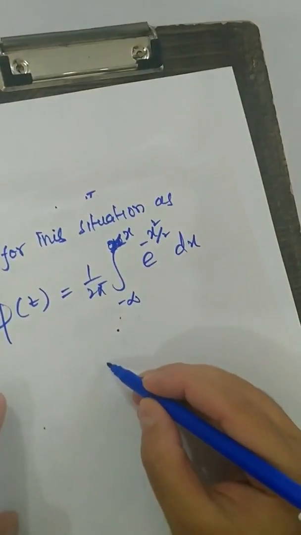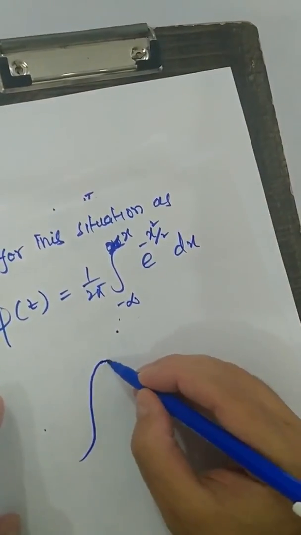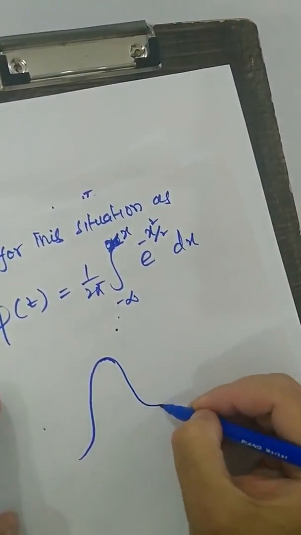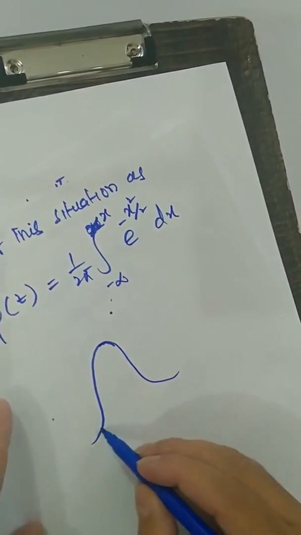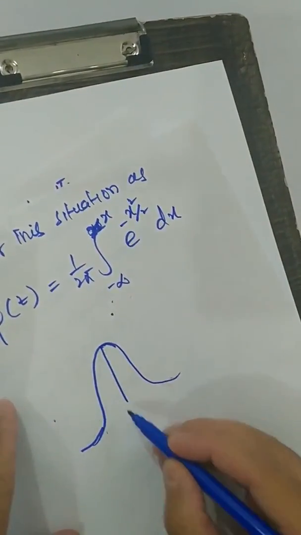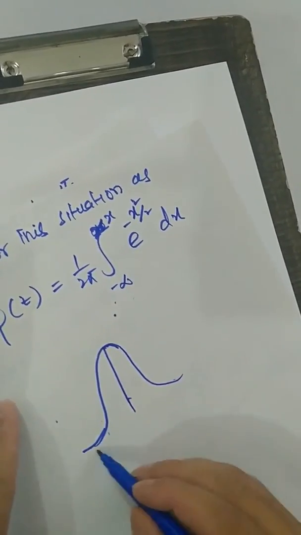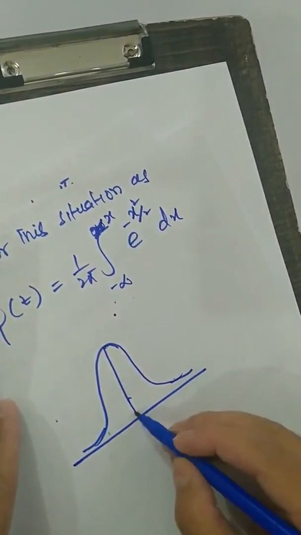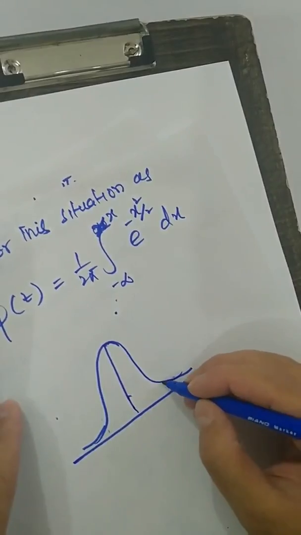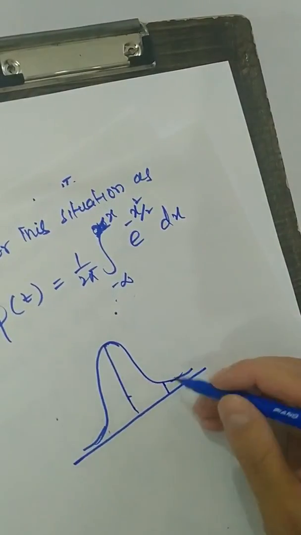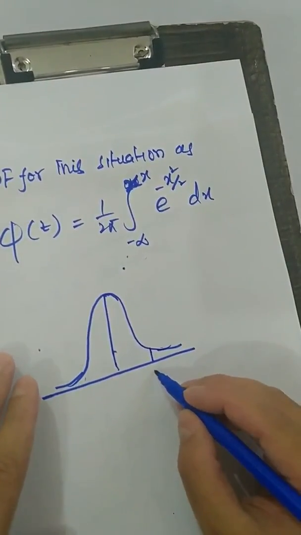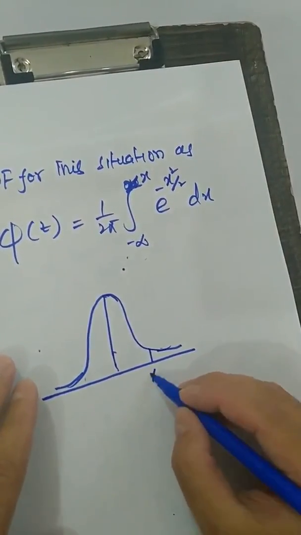Now I will sketch the shape of this curve. This is a Gaussian distribution. I have to calculate its CDF for x.